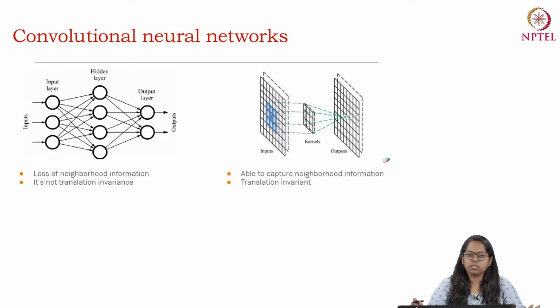Another interesting thing to note is that a traditional feed-forward network is not translation invariant. What is translation invariant? Say, in the example we just gave, whether an image contains a dog or not. There can be multiple images where in the first image the dog is present in the bottom left corner, and then we flip the same image and now the dog is present in the bottom right corner.